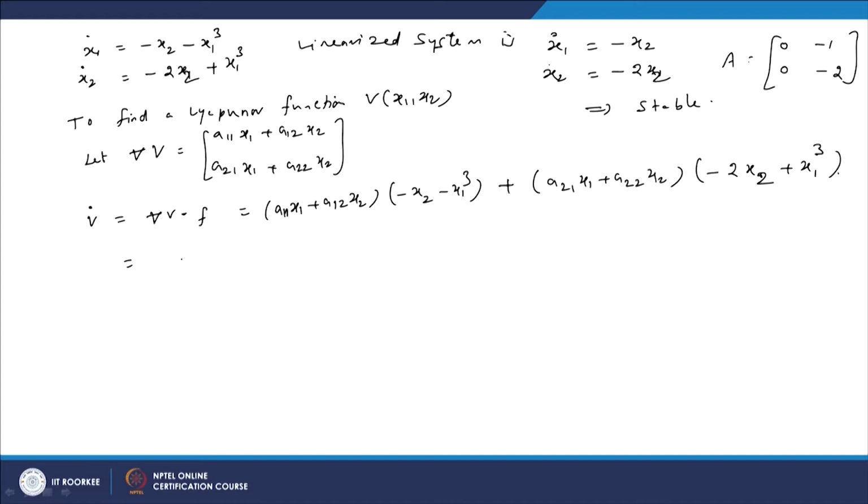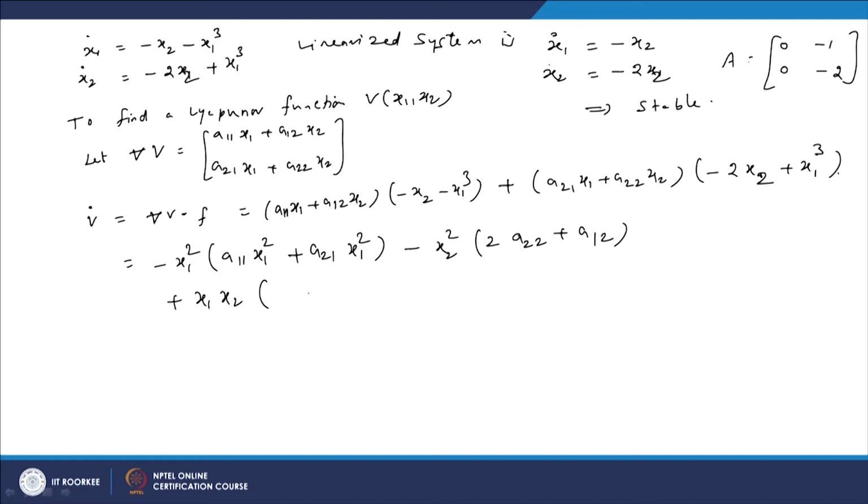If you collect the coefficients, let us say of x1 square, it is equal to a11 x1 square plus a21 x1 square again, and then we take the x2 square coefficient, you will get minus 2 a22 plus a12, and the remaining x1 x2 coefficient will be minus a11 minus 2 a12 plus a22 x1 square minus a12 x1 square.